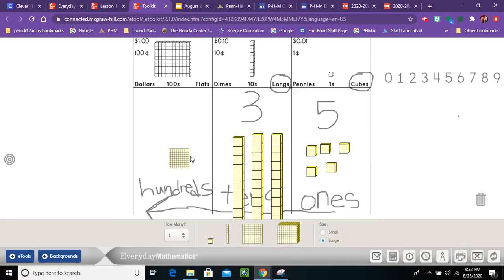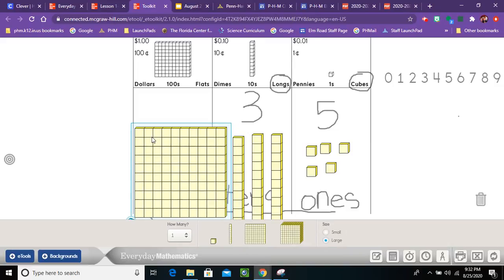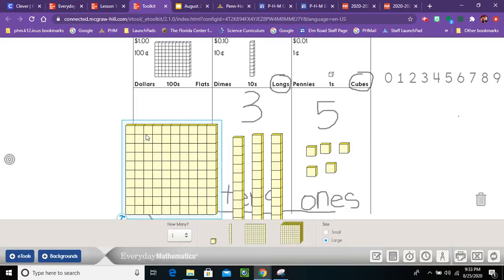If I have a group of 100 cubes, those are called flats. So let me put 1 on here. Okay, whoa, look at that. Do you see the cubes? 1, 2, 3, 4, 5, 6. Do you see the longs? 10, 20, 30, 40. There are 10 longs in a flat, and there are 100 cubes in a flat.